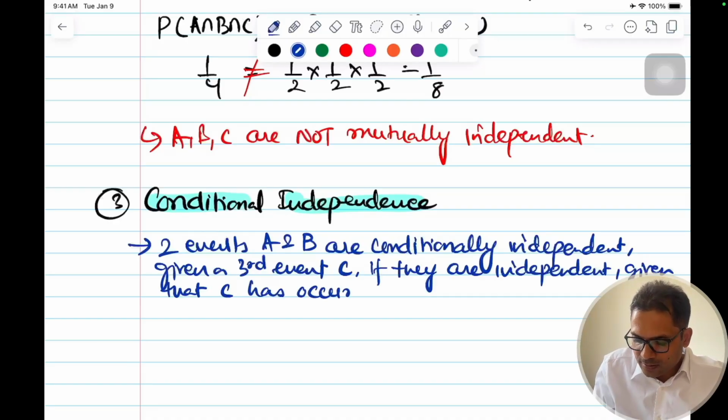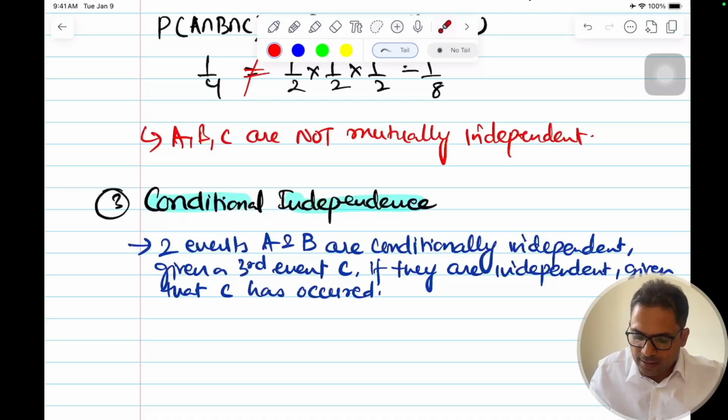So what does this mean? That A and B are independent knowing that C has happened. So they are conditioned on C. Without that, they may not be independent. But if C has happened, then they are independent.